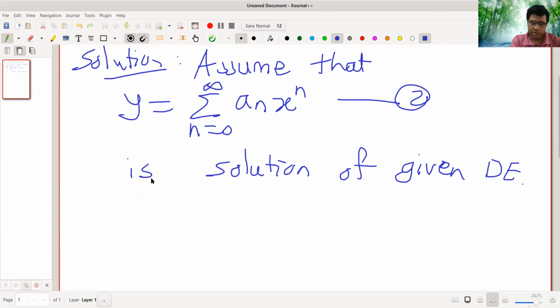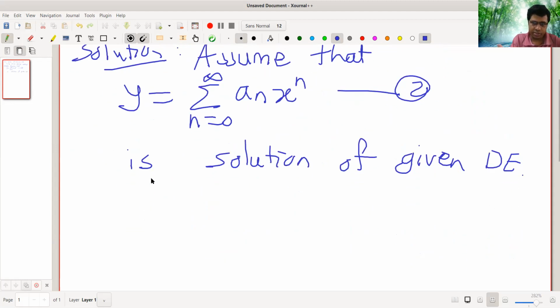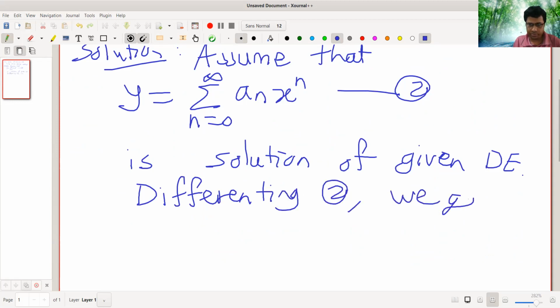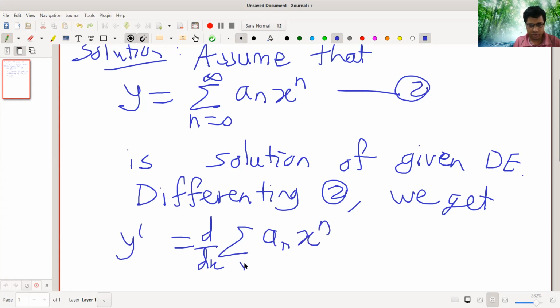So we need y dash. Let us differentiate 2, differentiating 2 we get y dash equal to d by dx of summation an x raised to n, n equal to 0 to infinity.